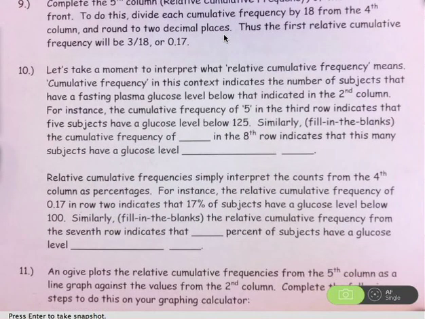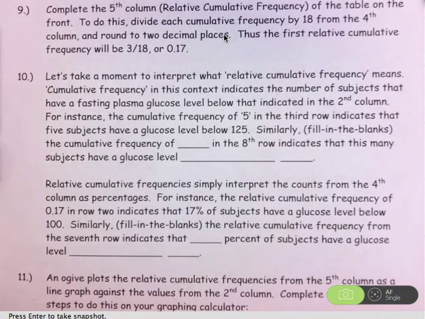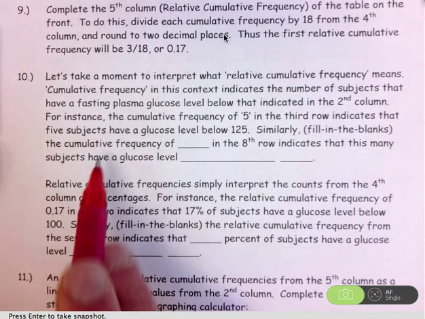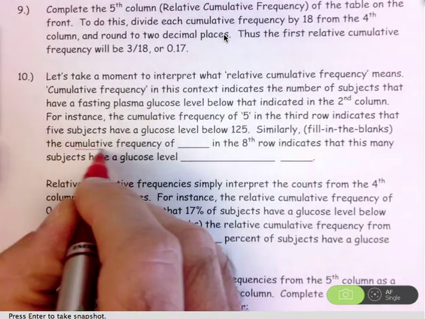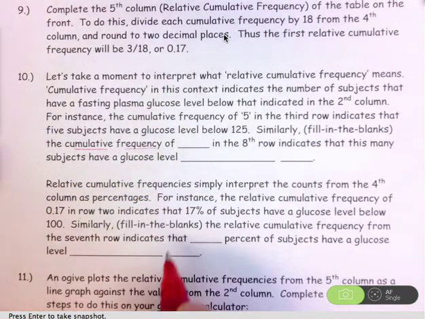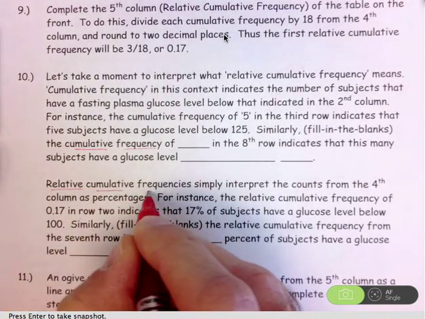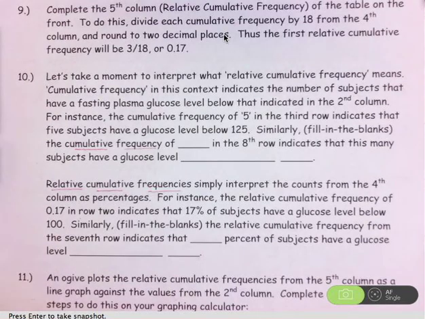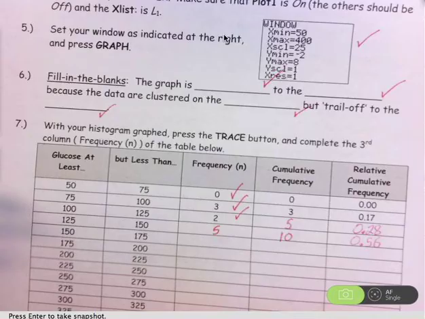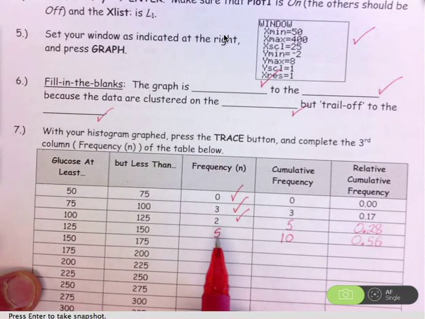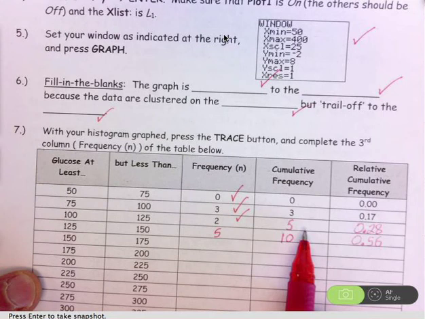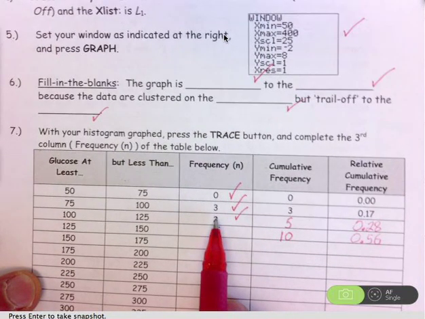In step number 10, I'm trying to make sure that you understand the idea of cumulative frequency and, in this case, relative cumulative frequency. I want to make sure that you can interpret the percentages that you see. Let's take a look at the third row: 1, 2, 3. Here's the third row.